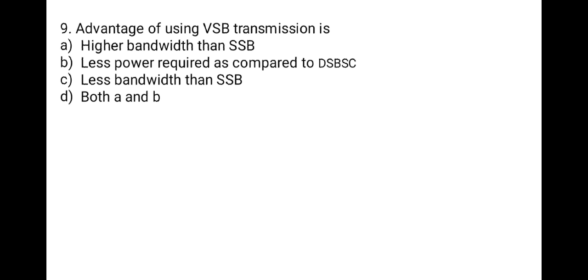So the higher bandwidth than SSB, this option is correct. Second option, less power required as compared to double sideband suppressed carrier. This is also right, because in double sideband suppressed carrier both bands are transmitted. Third option is wrong, less bandwidth than SSB. And D option is A and B. So the correct option is D, both A and B.